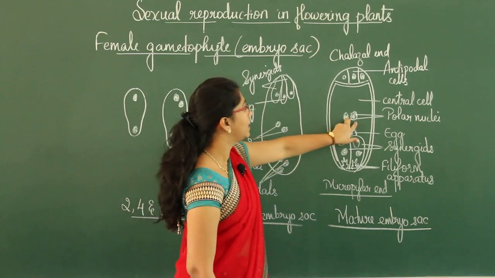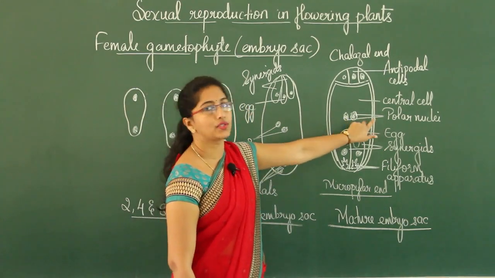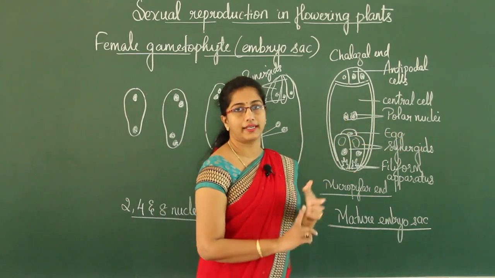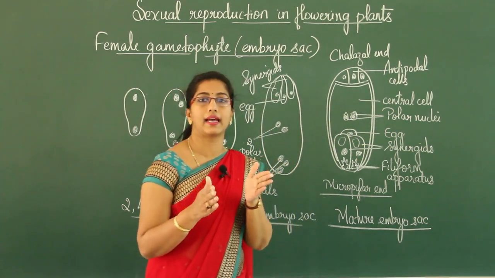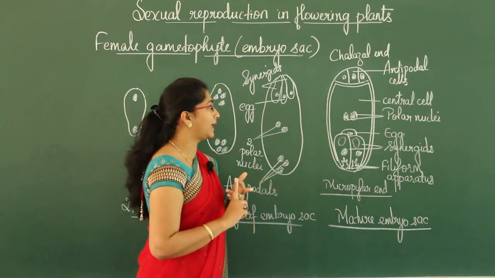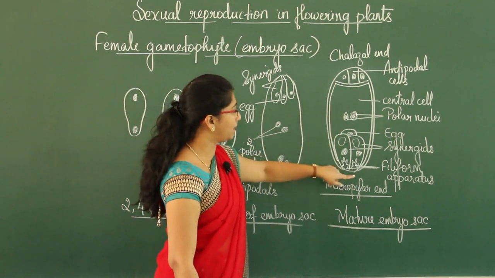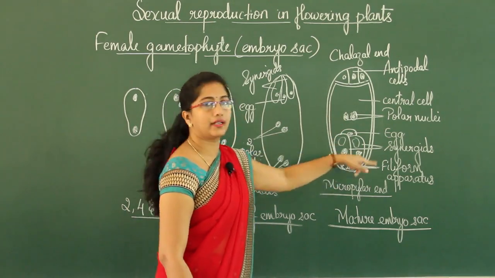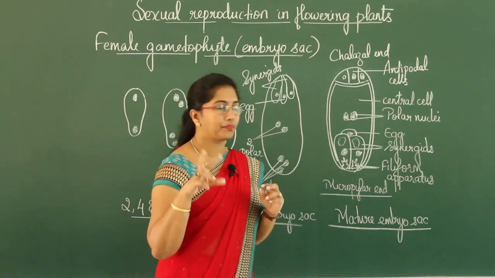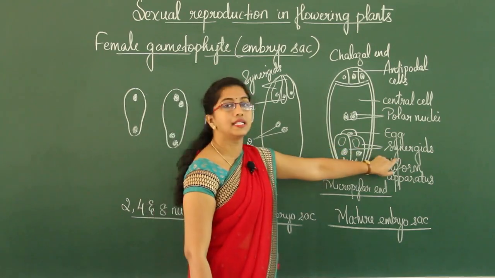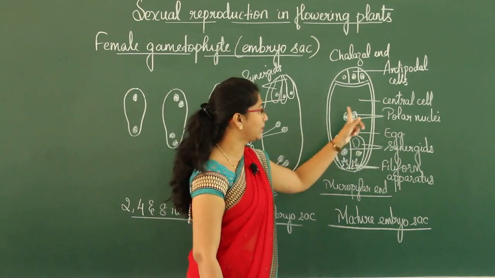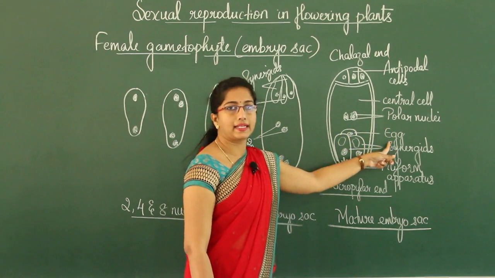This central cell has 2 nuclei which we call polar nuclei. Coming to the micropylar end, you will see another set of 3 cells, where 2 cells are called synergids and 1 cell is the egg cell.